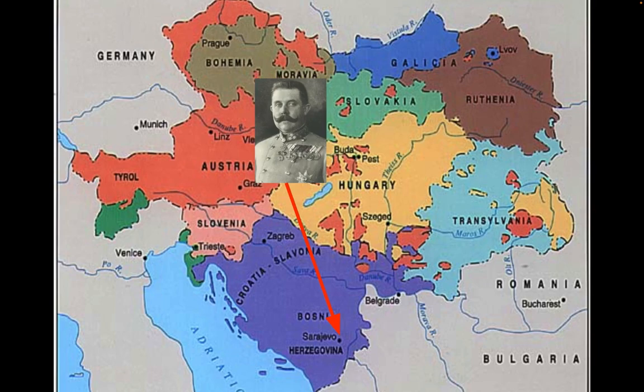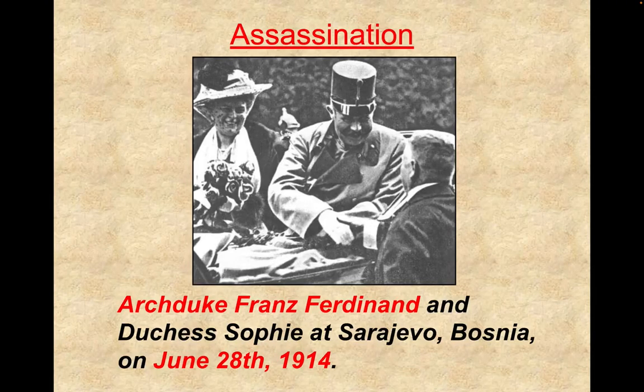So Franz Ferdinand is there in Sarajevo on a car ride with the top of the car down, right? So you're seeing how this is like, ooh, this is going to be perfect for assassination. So, with that being in hand, the Black Hand makes this assassination attempt, and it fails at first, right? But then it works.